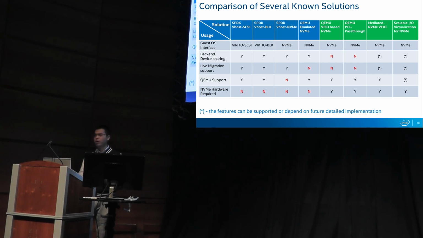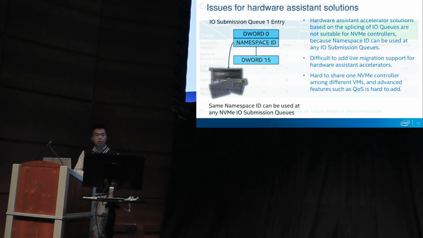But we already have patches, and we would like to discuss with community members like Red Hat and others, to negotiate a possible solution to make the SPDK vhost NVMe acceleration solution acceptable to users.